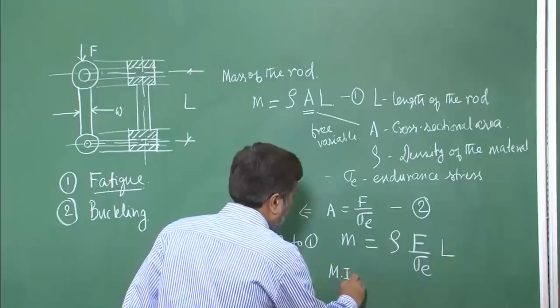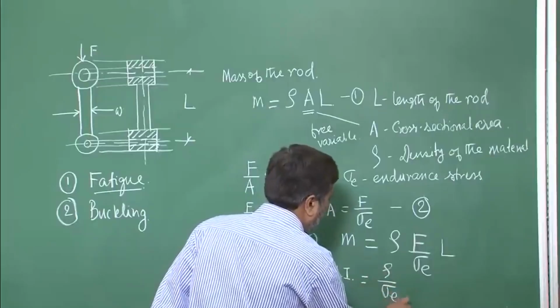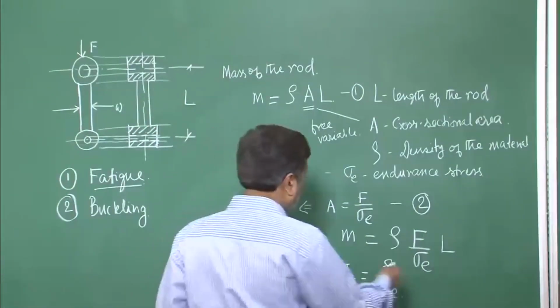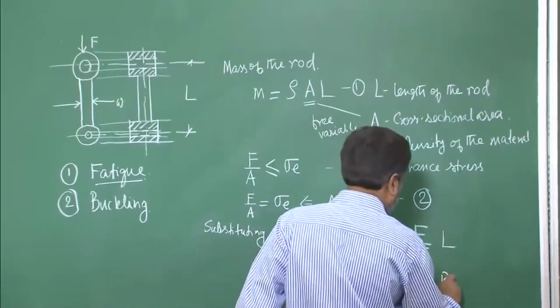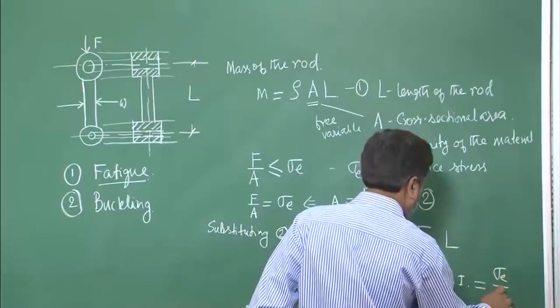The material index Mi is rho over sigma E. You can also keep the performance index, which is the reverse of that, that is sigma E over rho.